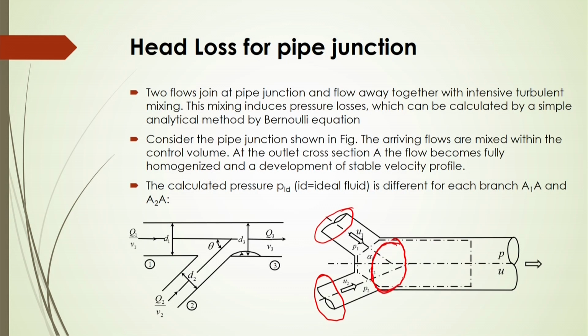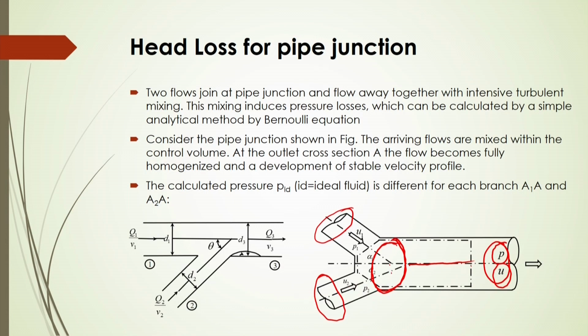At this mixing zone, the fluids come together and mix, and after that they flow through the pipe and travel a certain distance from the entrance to reach fully developed flow condition, where the fully developed flow velocity will be u and the pressure will be P. Whereas in the other pipe branches, the first has velocity u1 and pressure P1, and the second branch has velocity u2 and pressure P2.